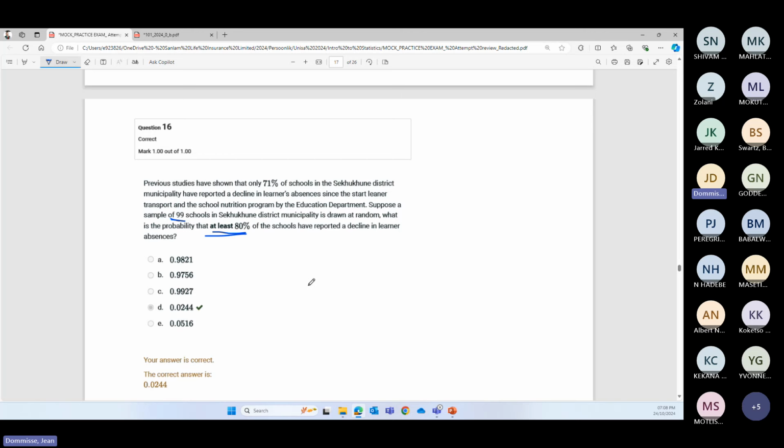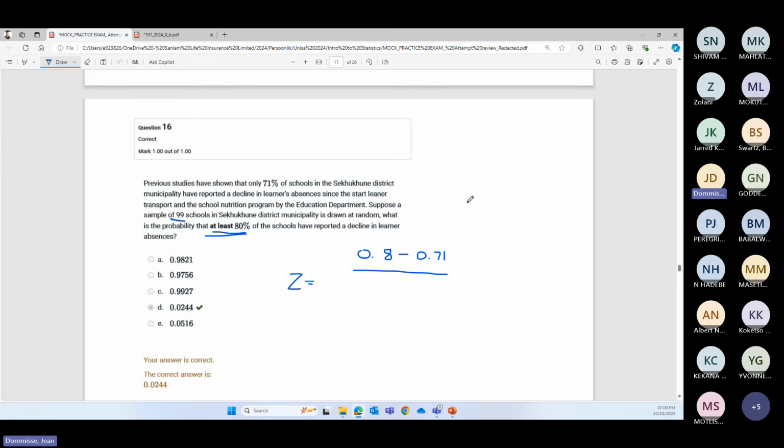Okay, so actually they don't mention proportions here, but this is population proportions, even though they don't mention it at all in this question. Quite interesting. So what we will need to work out is the Z with the proportion formula, and then we will need to go to the Z table.